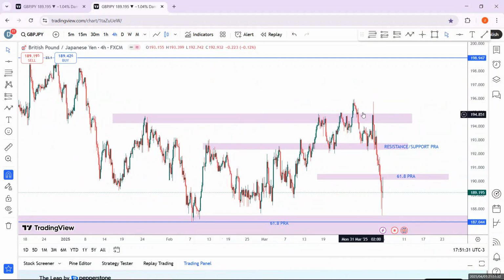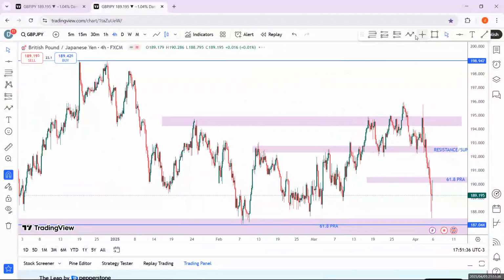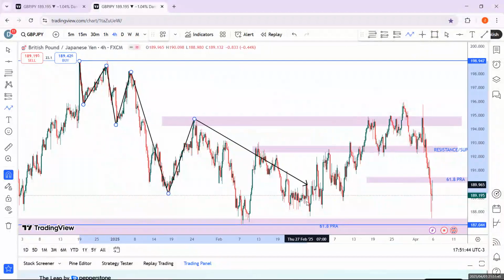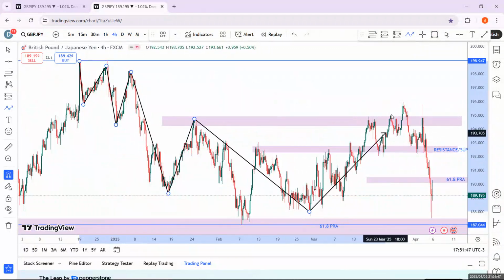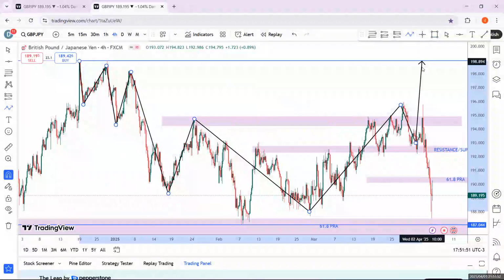Because yes, there are going to be times where prices, instead of coming to the entirety of the 61.8, will just come to the support turn resistance level and take off. So if we wait for price to get to 61.8, we have higher probability trades, but that will mean there are some trades that we are going to let go, because some trades will come here and take off from here.